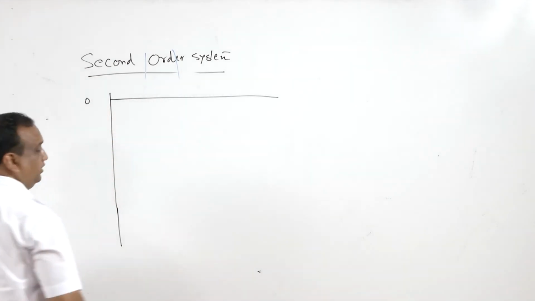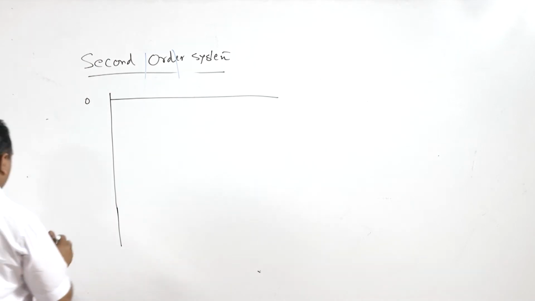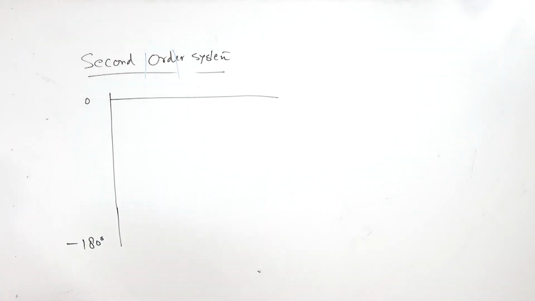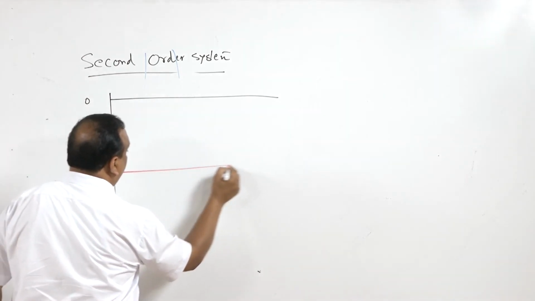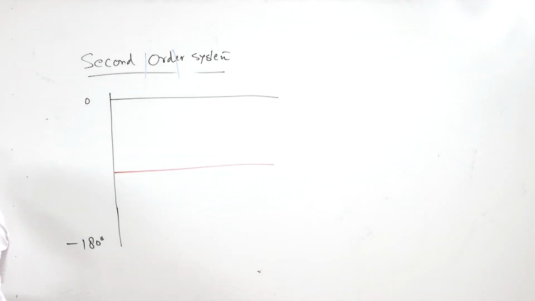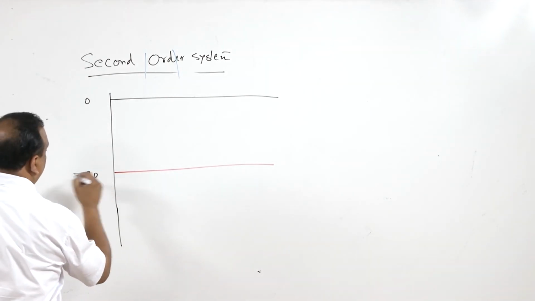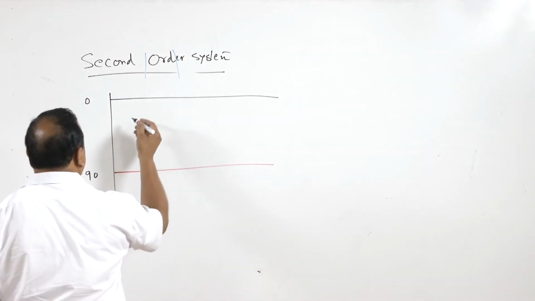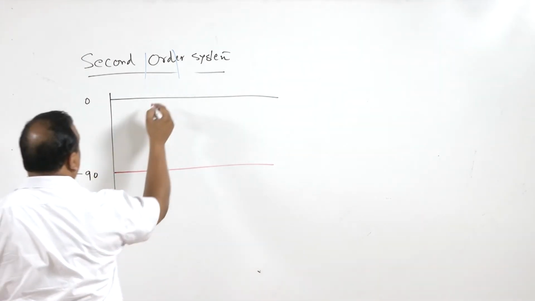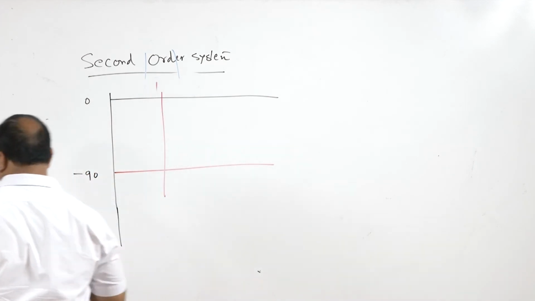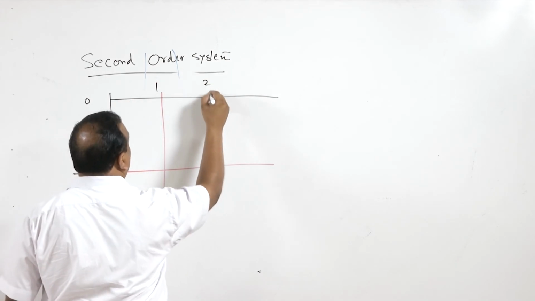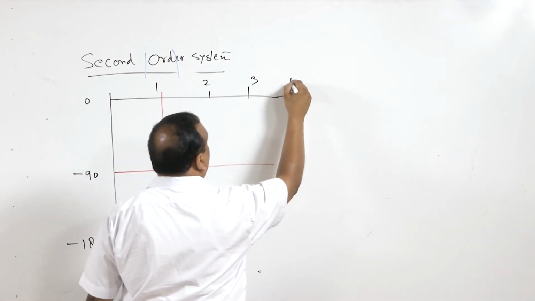It is 0, and it will go up to minus 180 degrees. But in phase angle also, minus 90 is important. We will draw one line at minus 90 degrees, and one line we will draw at 1 here, and then it can be 1, 2 and 3, 4 and so on.